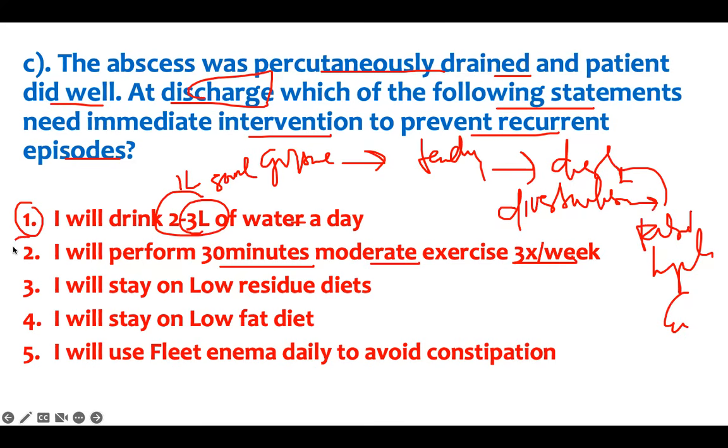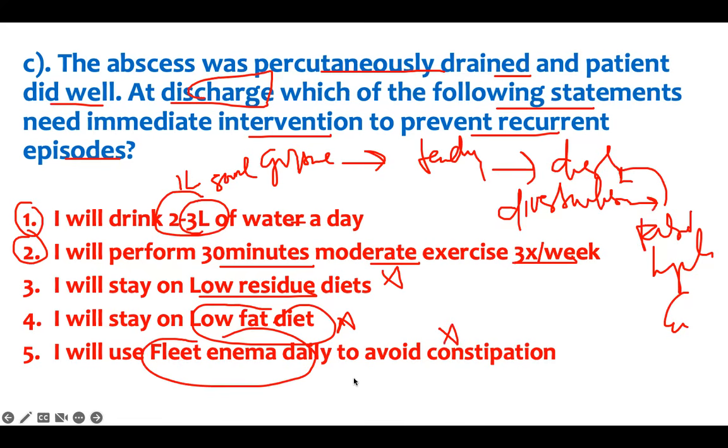Yes, that's exercise. I will stay on low residue diet. No, you need to be on high fiber diet. I will stay on low fat diet. No, you need to stay on high fiber diet. I will use fleet enema daily. No, you don't need to. We want you to go regular. So fiber, water, and exercise.